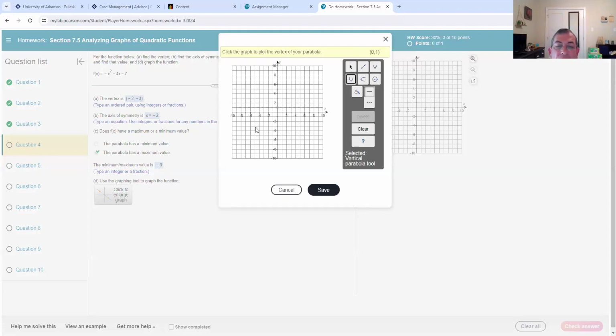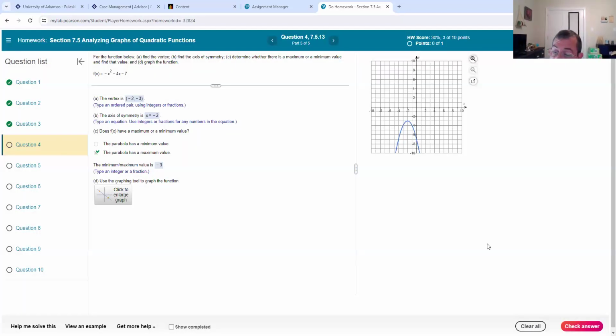It's telling me to do my vertex, which was -2, -3. And then I picked 0, -7. And y'all look, that parabola is now upside down, like we said. So we would save that and check our answer.